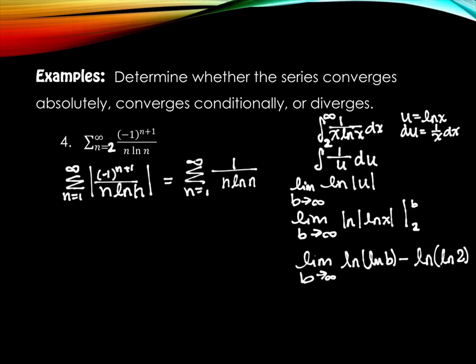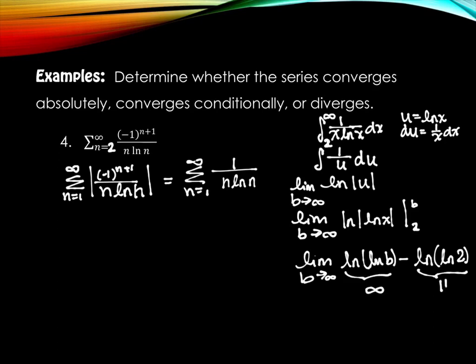Okay, so what is this limit? What is the natural log of the natural log of b as b goes to infinity? Infinity. Yeah, this piece right here is infinity.